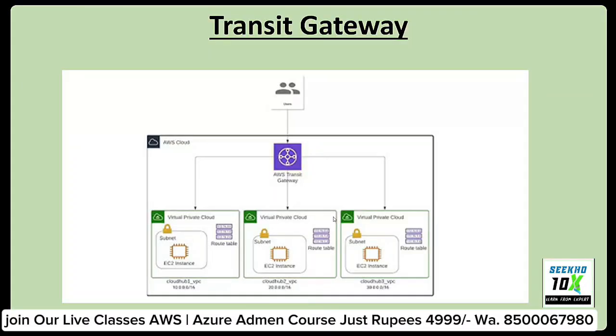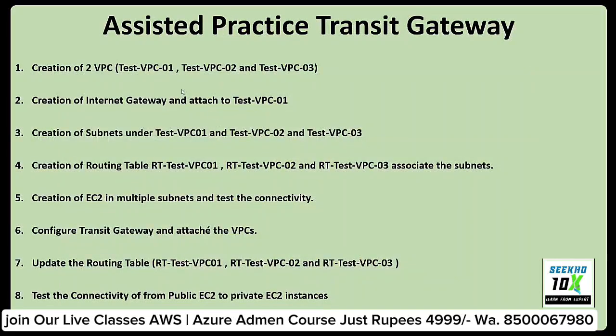So today we are going to build this diagram. We are going to create one AWS cloud, with three private subnets, three EC2 instances and three subnet IPs, and each has its own routing. Here we will also be creating a transit gateway. First we will create three VPCs: VPC 1, VPC 2, and VPC 3.